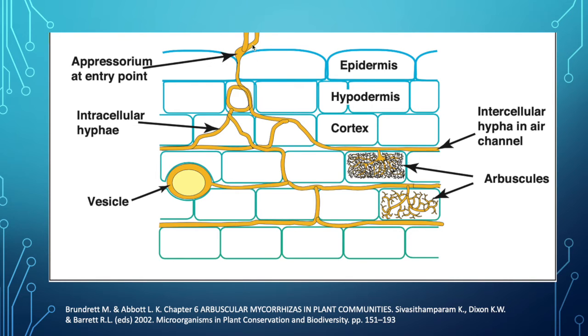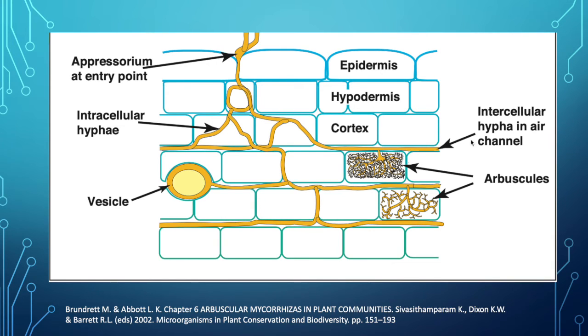It is at the entry point of when this plant fungi interaction starts to develop. So it penetrates between the epidermal cells and then goes into the intracellular section of the plant. This is where it actually enters the plant cell and can form an arbuscule inside the plant cell, just as seen here.